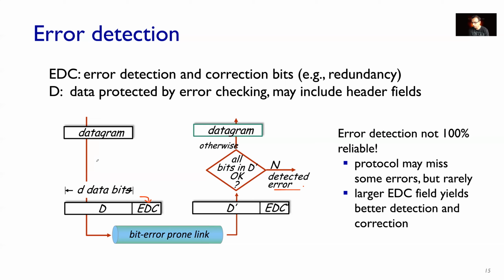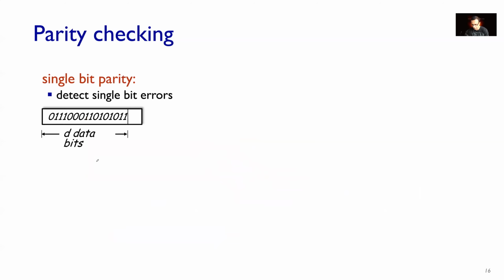There's a point here: if you have more EDC bits, then the potential errors will also increase in the EDC. Yes, that is correct. So in fact, you'll see later that the actual protocol used in the link layer is one that doesn't introduce more EDC bits than required, but it is a little more complicated than some of the other protocols we'll see first up.